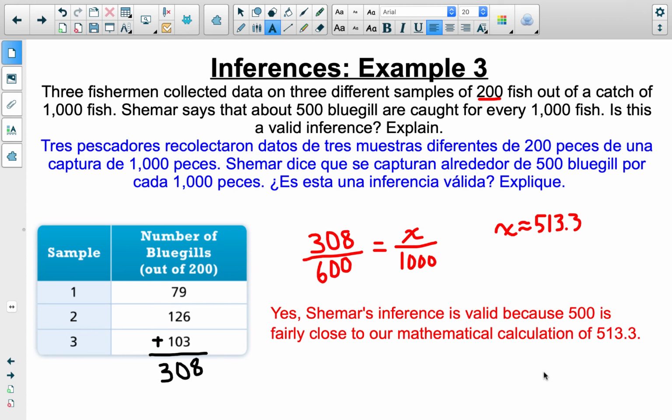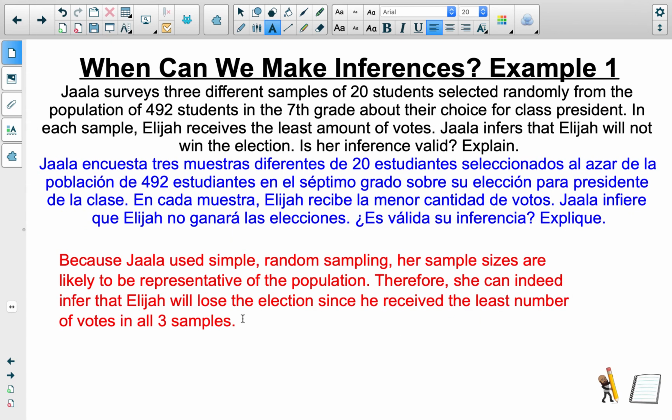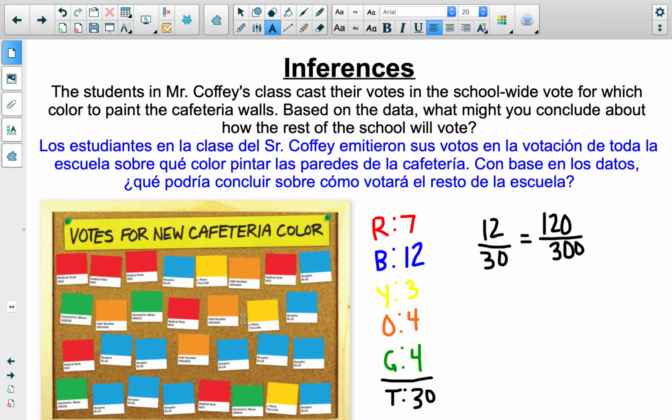And I want to reiterate, this is data informed. You're collecting data to make an inference. These aren't random inferences. We're not just coming out with predictions from nowhere, right? They need to be backed by data and numbers. This was backed by actual evidence, data and numbers, and so was this.